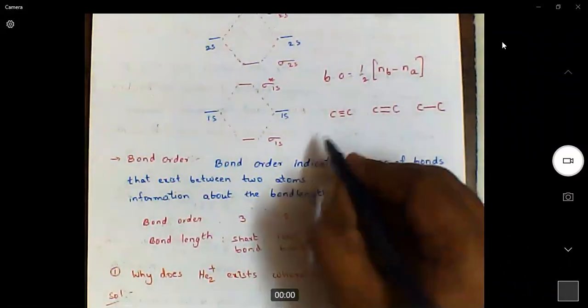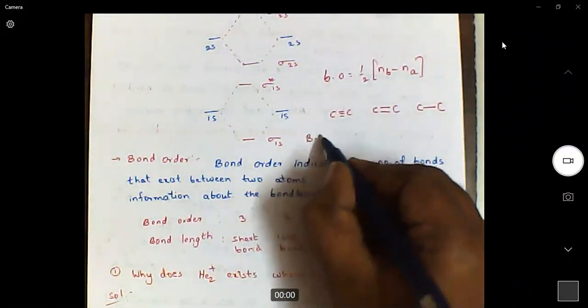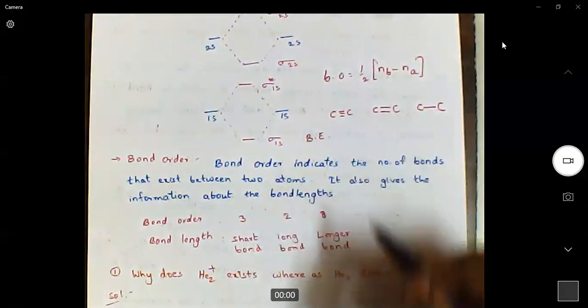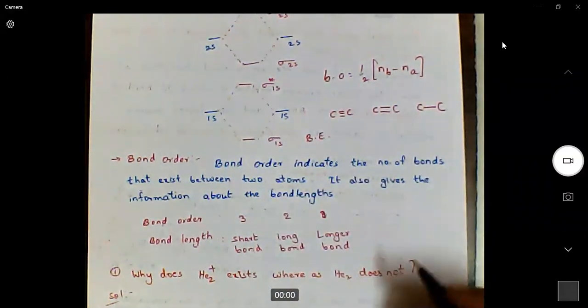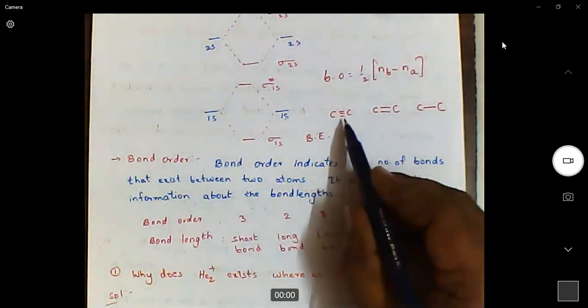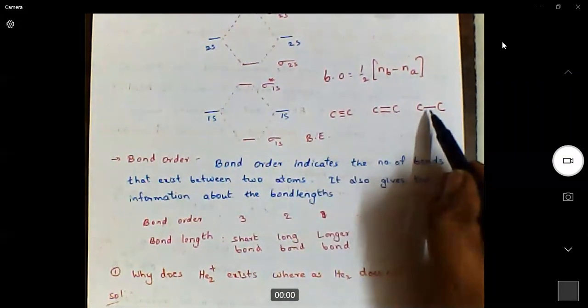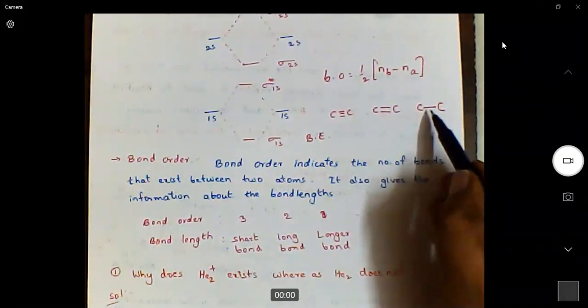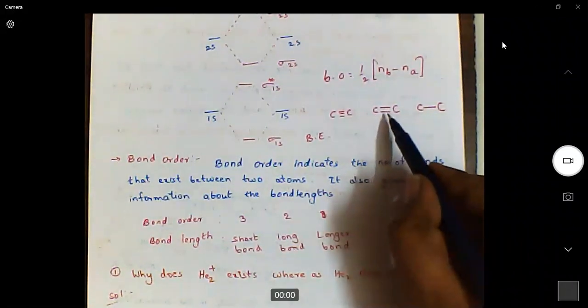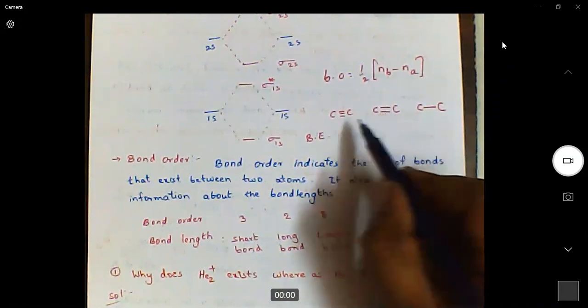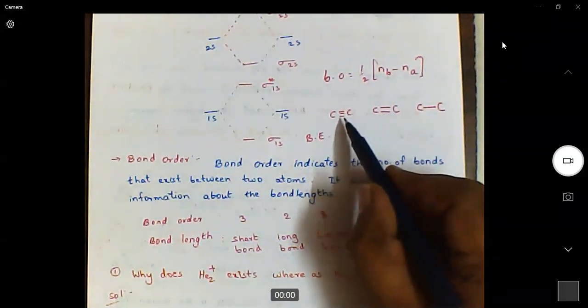Another important point, bond energy. Bond energy is the energy required to break the bond. If there is a single bond, we can easily break this. But if there are two bonds, we need some more energy to break the two bonds. But if there are three bonds, we need an even higher amount of energy to break the three bonds.